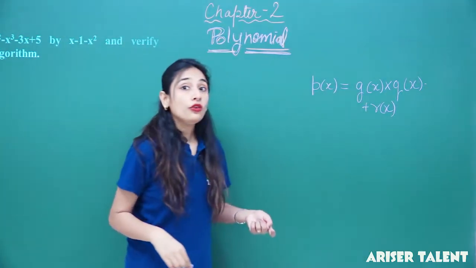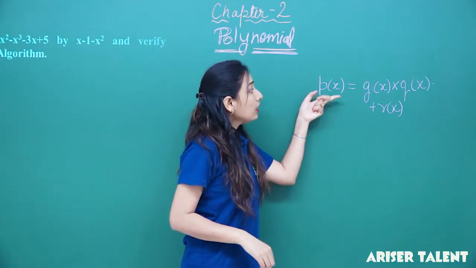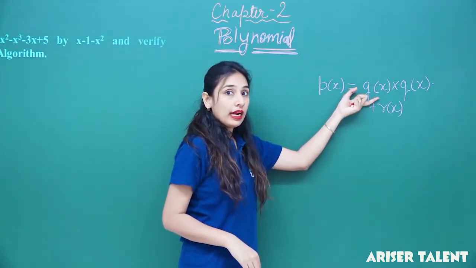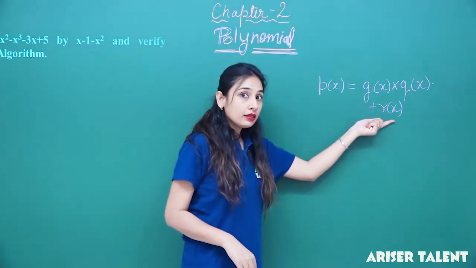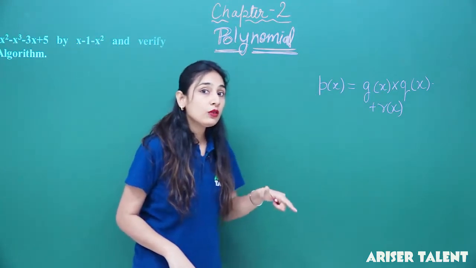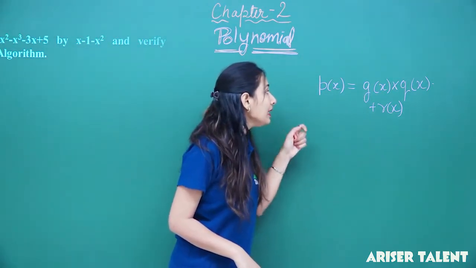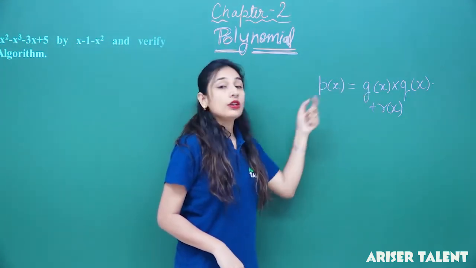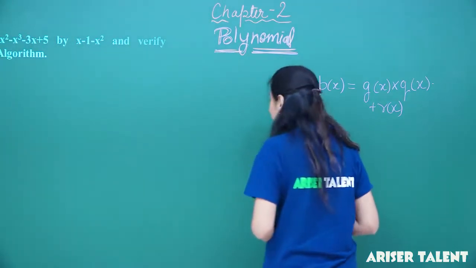Okay, now we have seen that Px has a factor Gx and Gx is not equals to 0. Here Rx can be either equals to 0 or degree of Rx will be less than the degree of divisor. Okay. Now next is what?